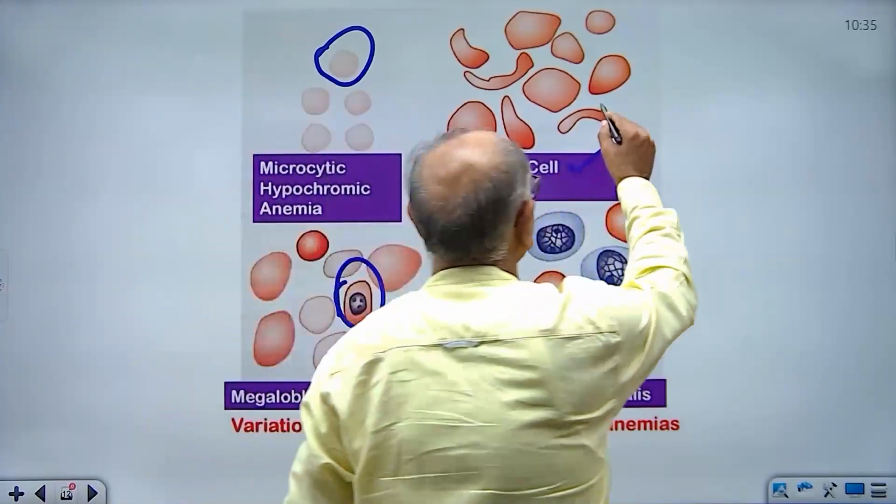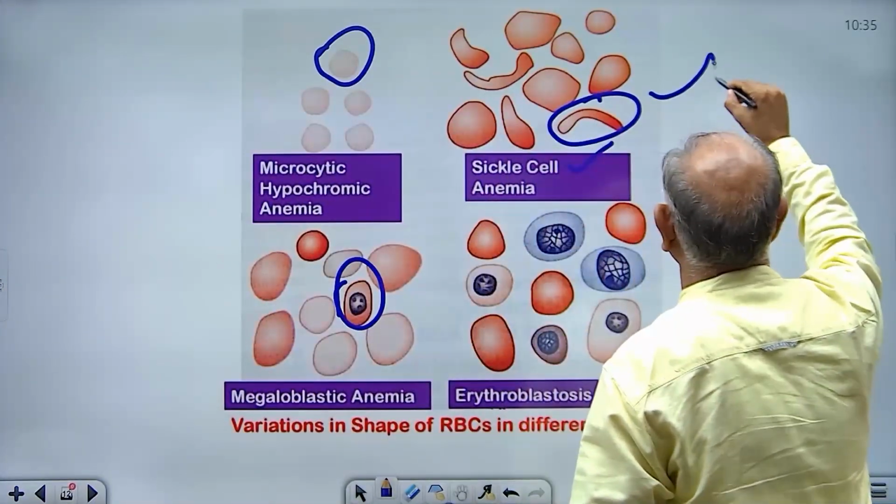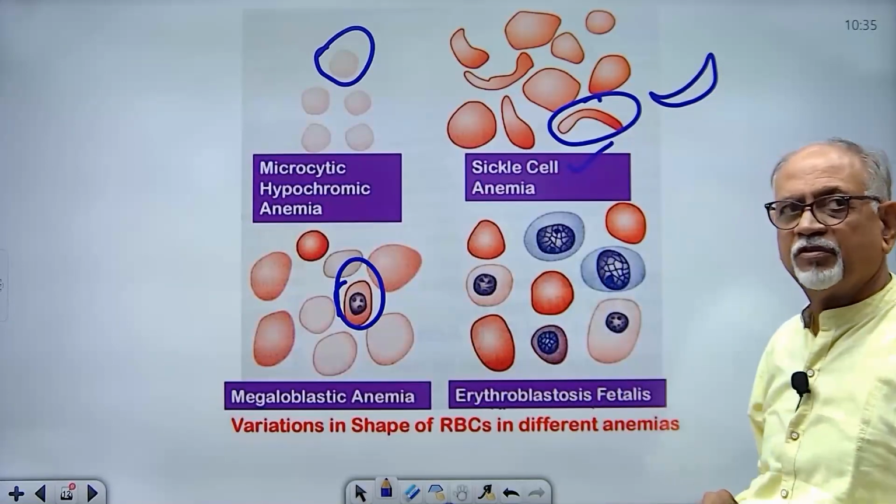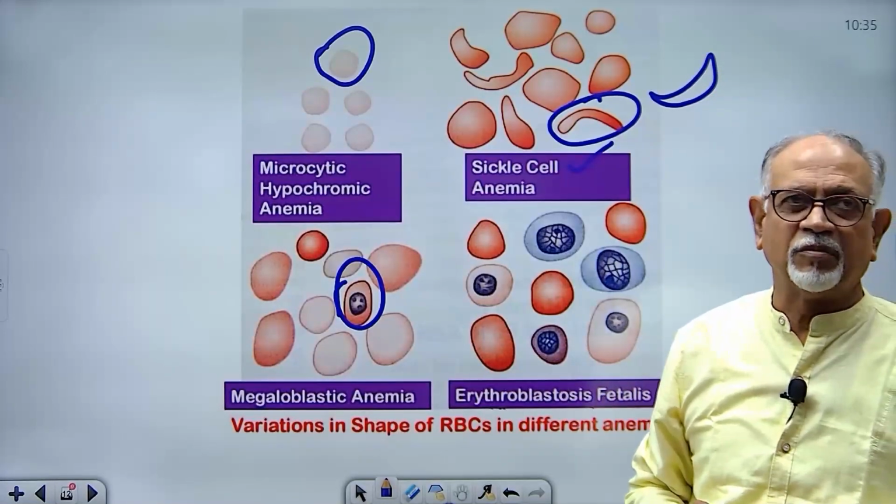They become sickle shaped. So this is called sickle cell anemia.